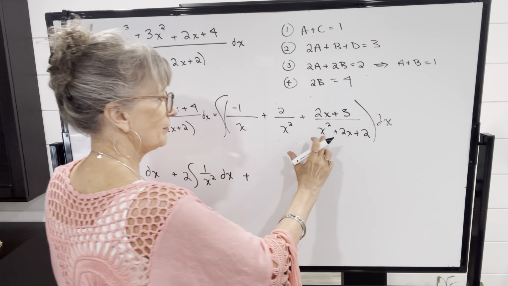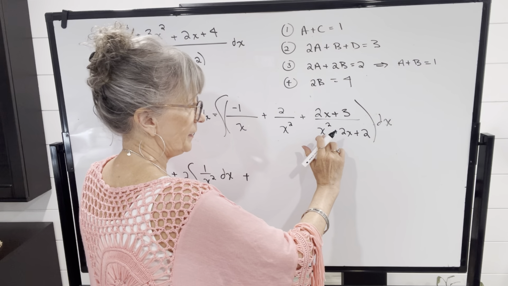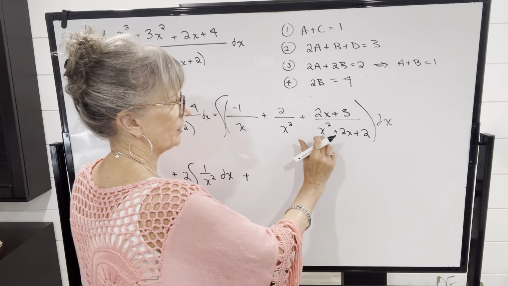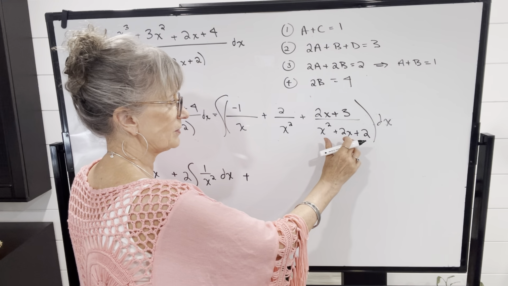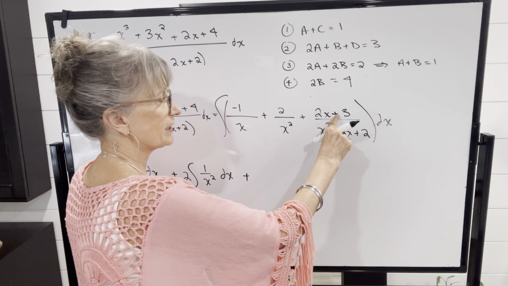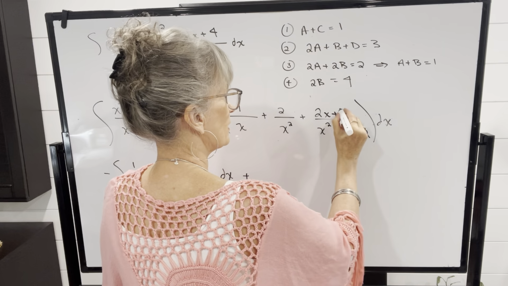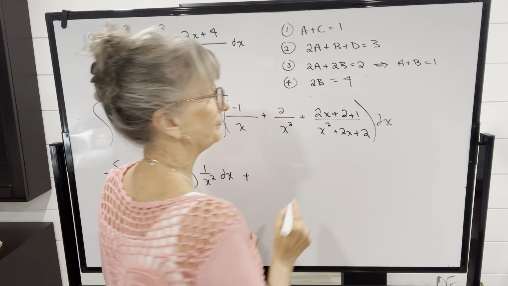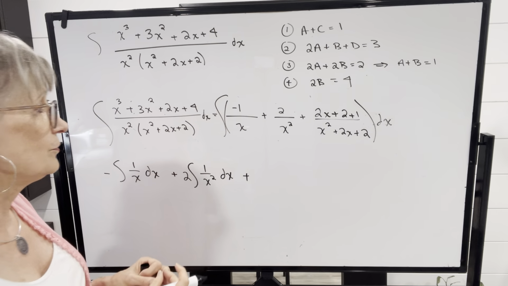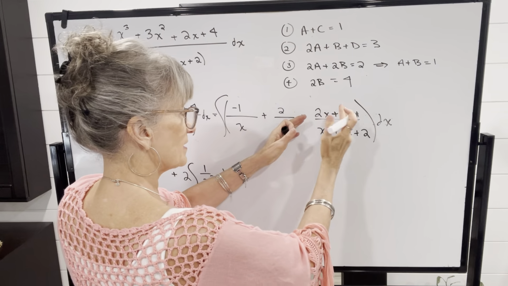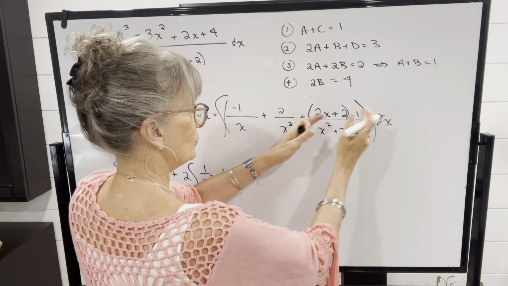Take a look at this denominator and think about what the derivative of this denominator is. The derivative would be 2x plus 2. Well, I have 2x plus 3, but I could write that as 2x plus 2 plus 1. If I do that, then I can split it into 2 more fractions.